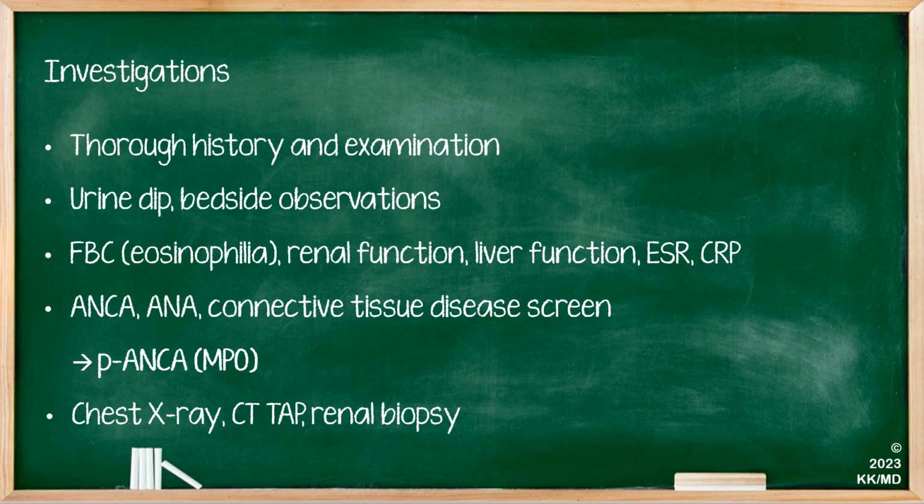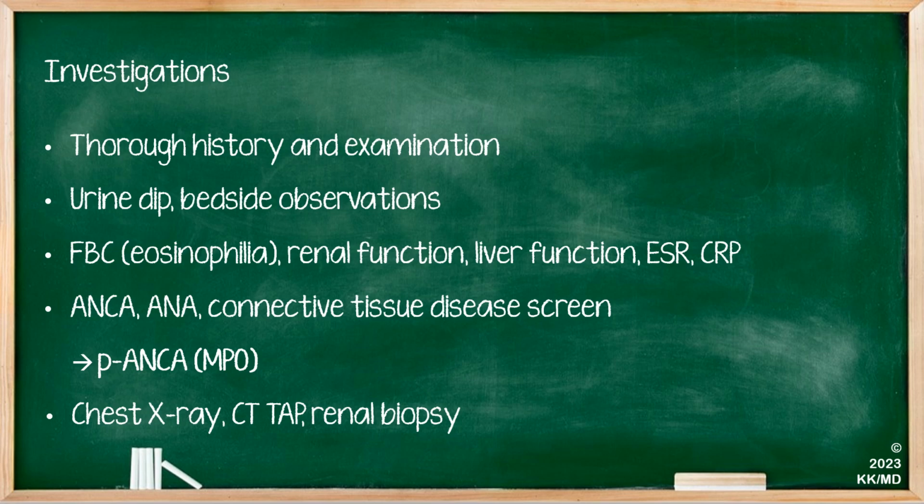Bedside observations, therefore, are really crucial, so including blood pressure, pulse rate, respiratory rate, oxygen saturations, and the temperature. Urine dip should be performed looking for protein and blood. In terms of blood tests, a full blood count should be undertaken, and critically you're looking for an eosinophilia in that. Renal function, liver function, and the inflammatory markers should also be performed.